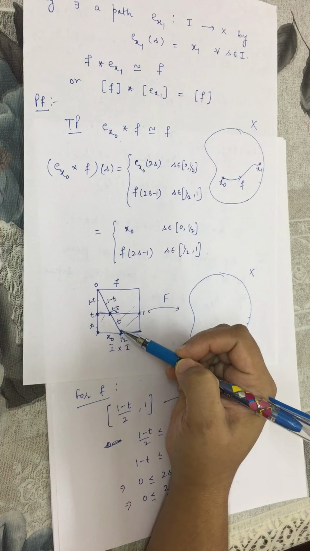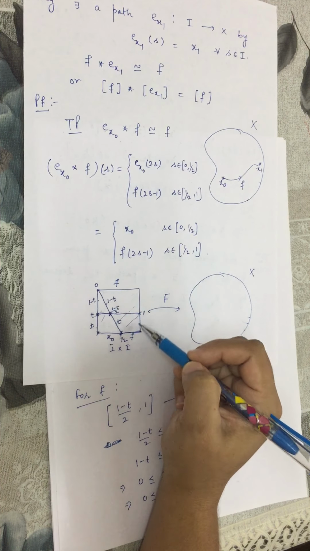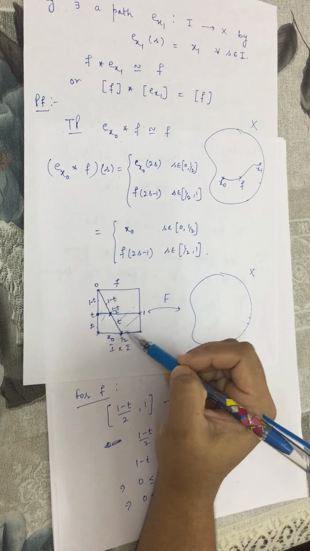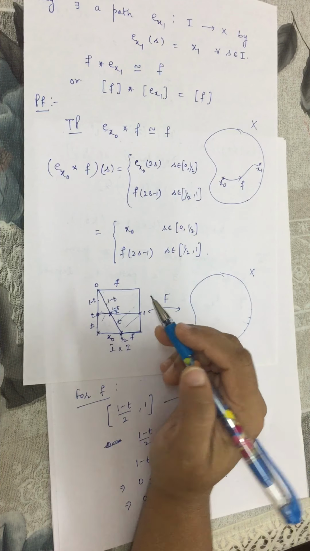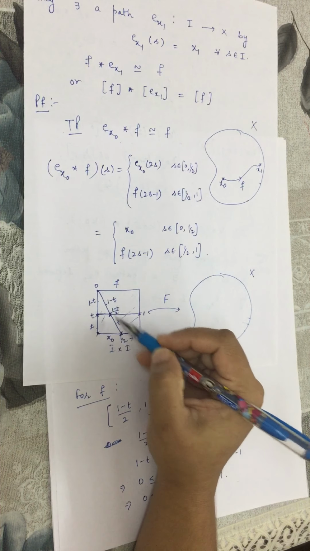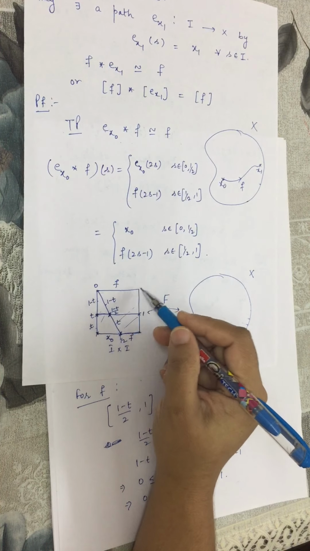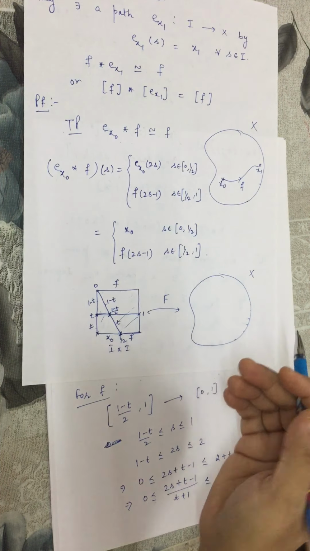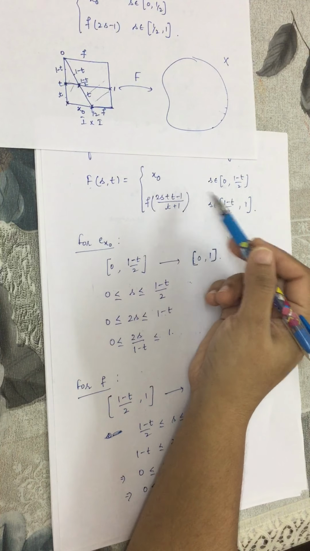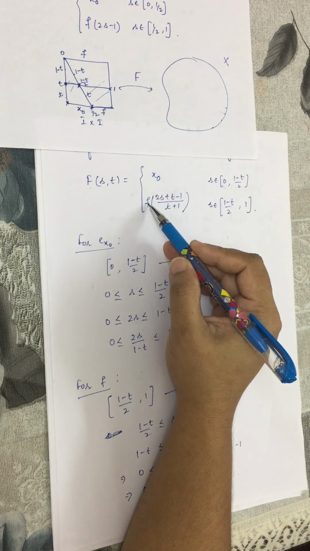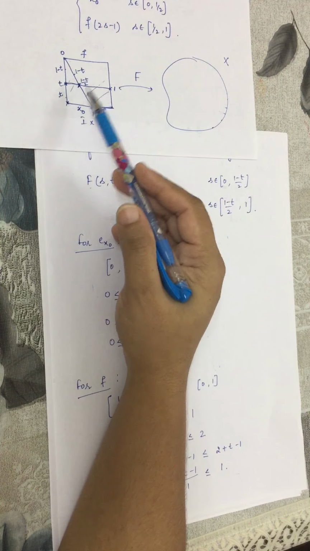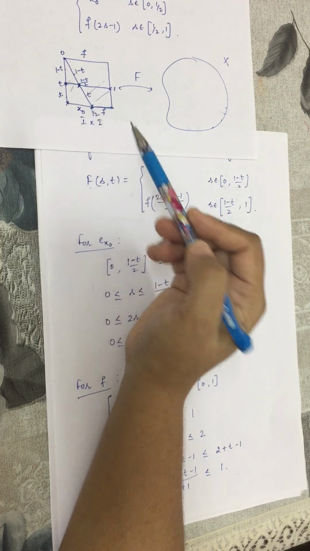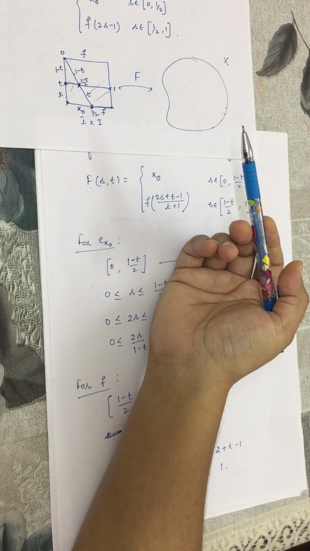I cross I is divided into these two portions, and these two portions are closed in I cross I. Capital F restricted to this portion is just equal to x naught, and restricted to this portion it is given by small f, like this definition, and small f is also continuous. So both the restrictions are continuous mappings, and both the areas are closed in the whole of I cross I. So by the pasting lemma, this mapping is continuous.